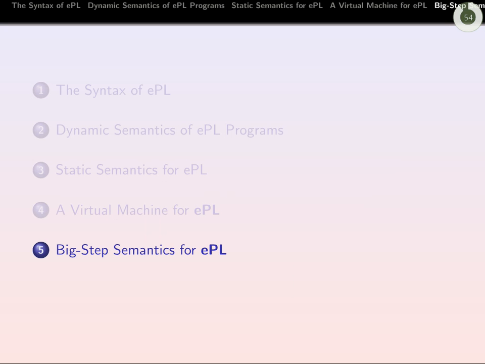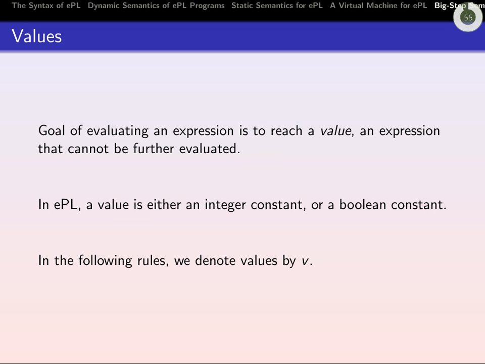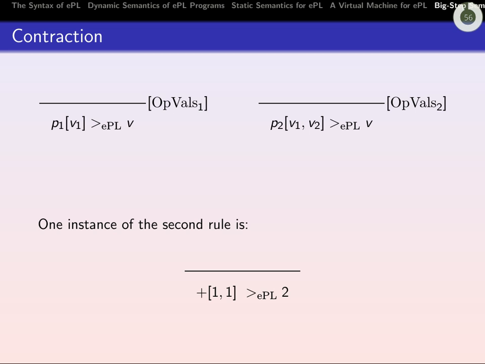Cool. Big step semantics for EPL. So we've looked at how we interpret the code, and the trouble is that because the language is so simple, pretty much all the types of semantics look very similar to one another.